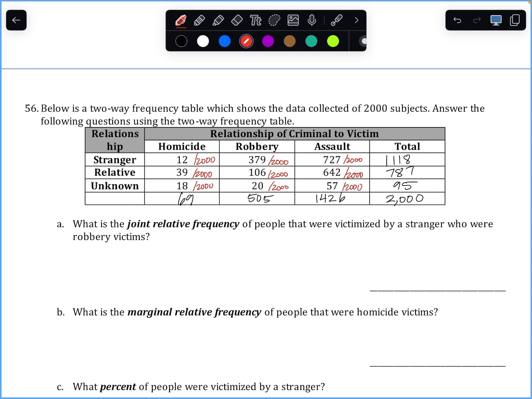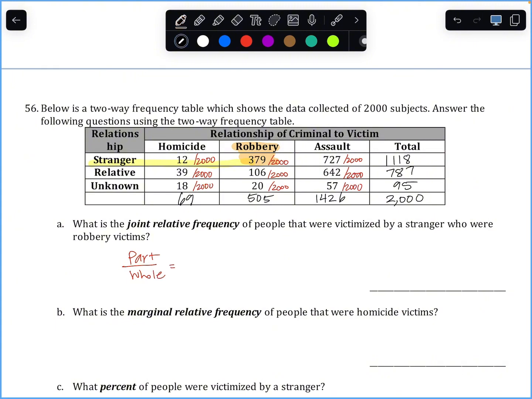Okay, I filled it all in. Now we have to look for people who were victimized by a stranger who were robbery victims. Stranger, and then we've got to stop at robbery. Oh, right there, the intersection. So it is part over whole, and we already have that.